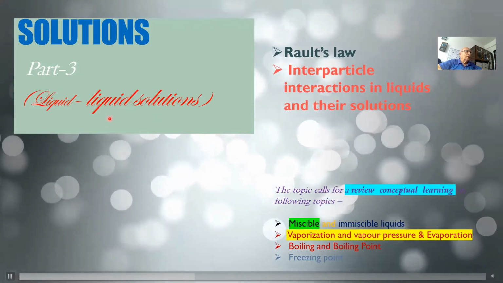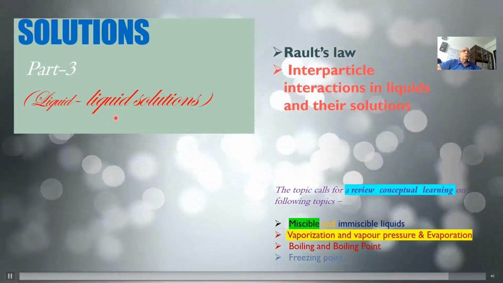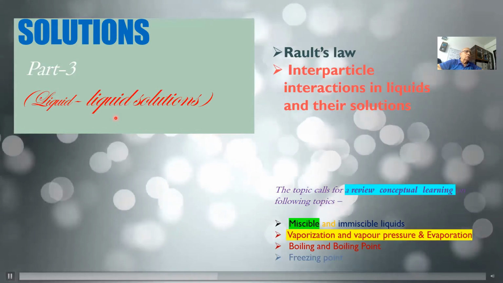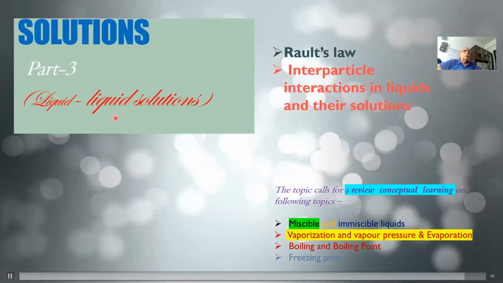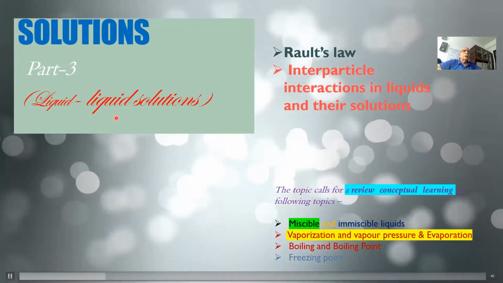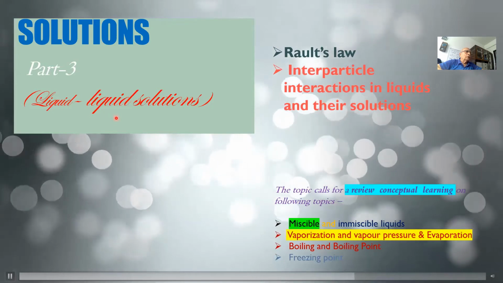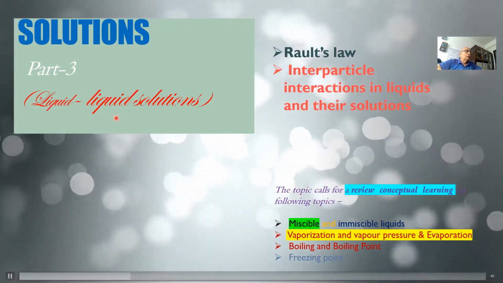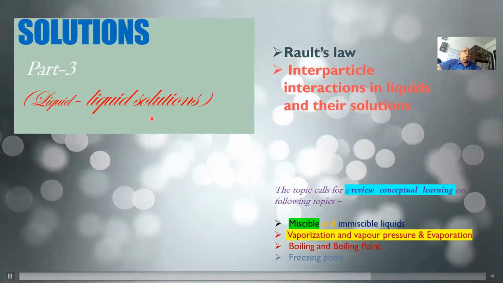So there are a number of liquids which, when mixed together, become homogeneous. Homogeneous means it's difficult to trace them out within the mixture. Both the components of the mixture, which are liquids, become a true solution.